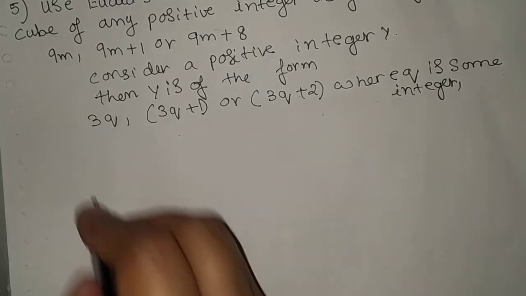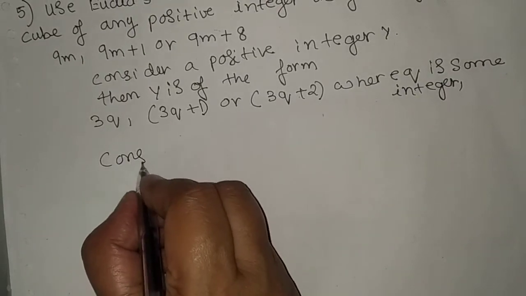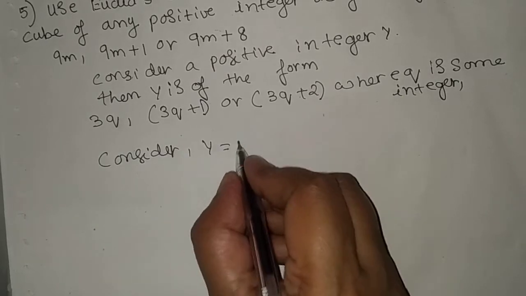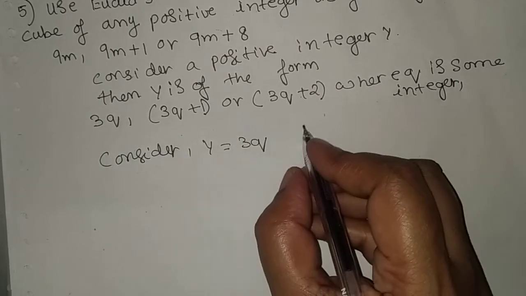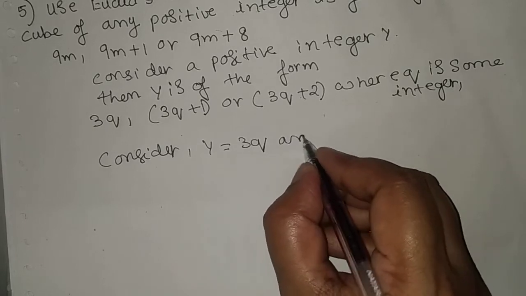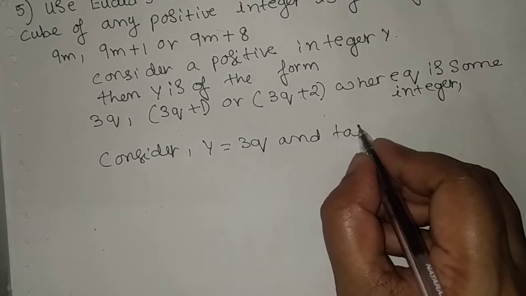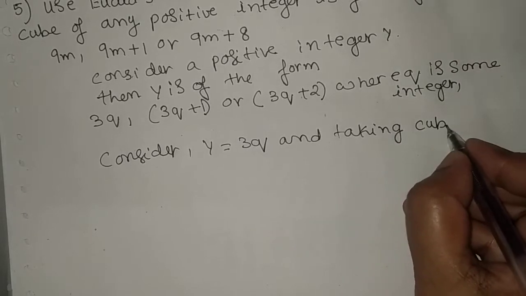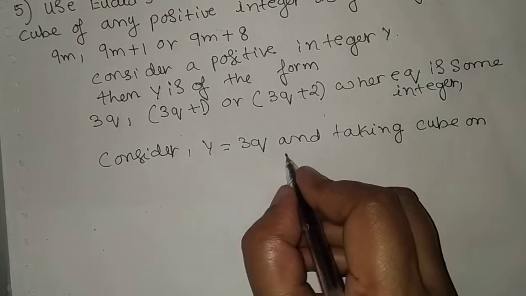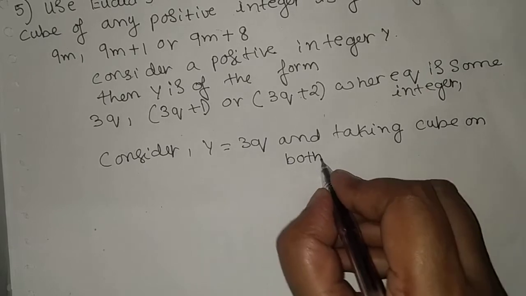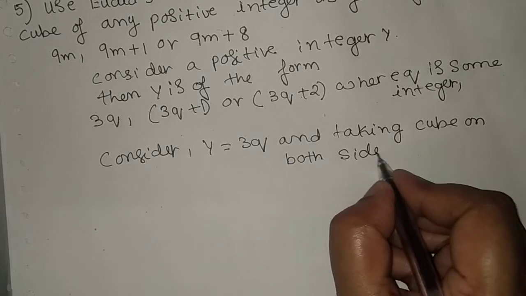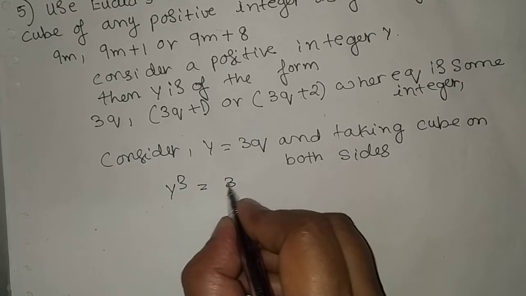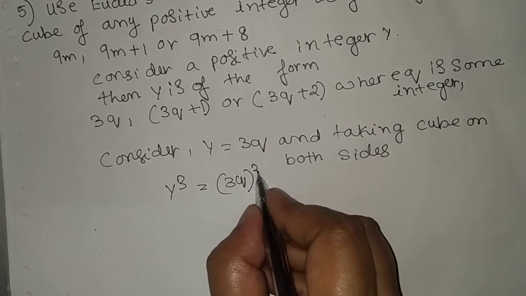Next is consider y is equal to 3q and taking cube on both sides. So y cube is equal to 3q the whole cube.